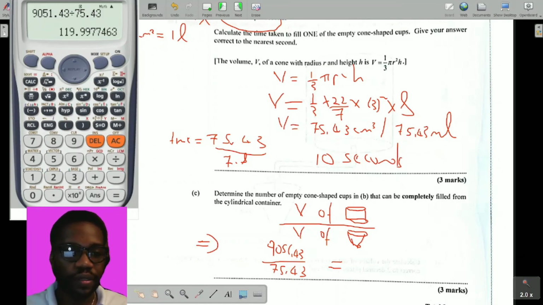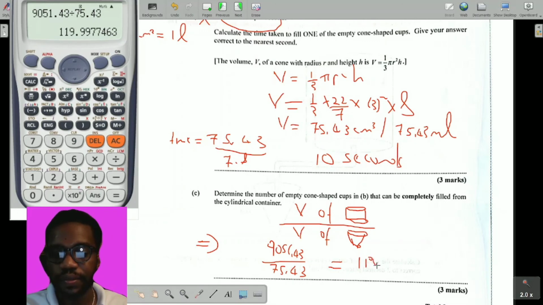Now this gives me 119.99. Now technically you use reasoning in this.